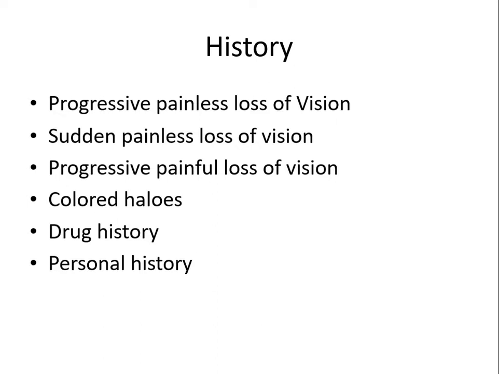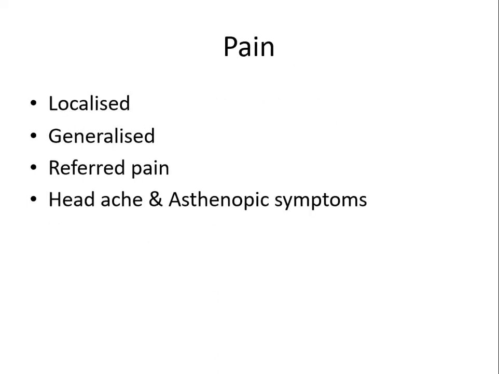Then you have to ask whether the loss of vision is associated with pain or painless. Typical painless loss of vision again occurs in cataract and primary open-angle glaucoma. The loss of vision will be painless, and it is gradual in nature.